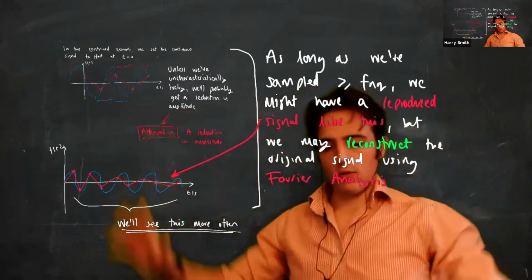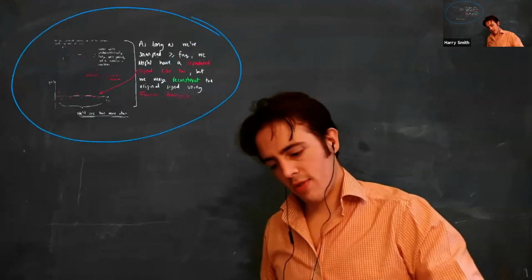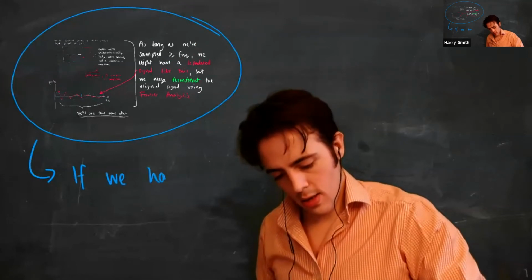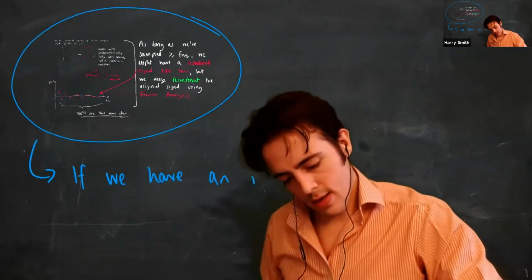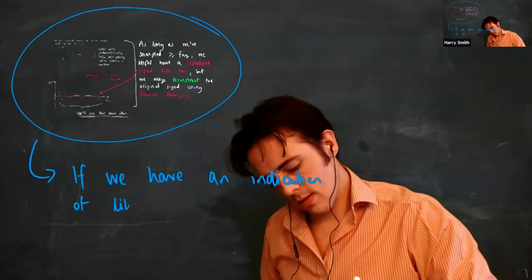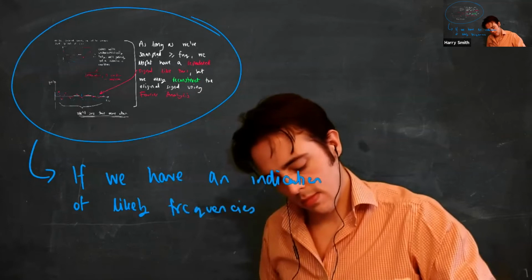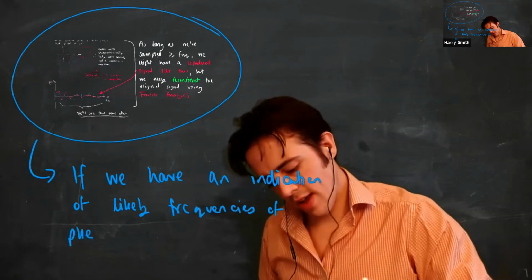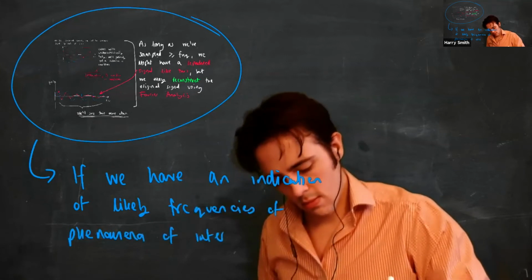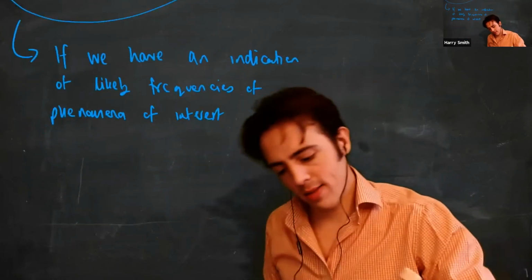Okay, so we've got this stuff here. Let's summarize everything here, which is if we have an indication of likely frequencies of phenomena of interest, then we're going to sample at least the Nyquist rate.